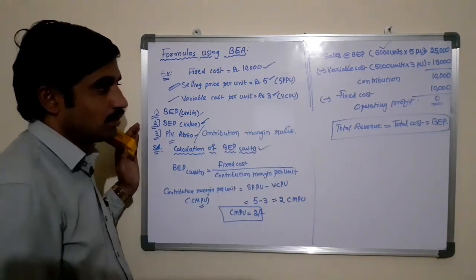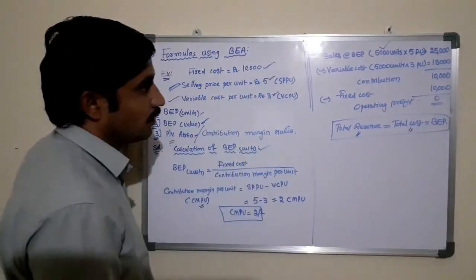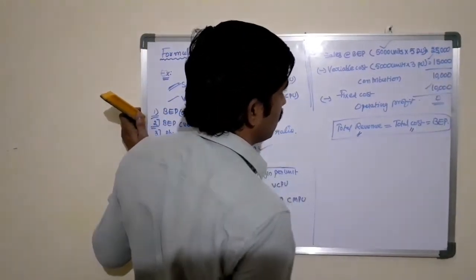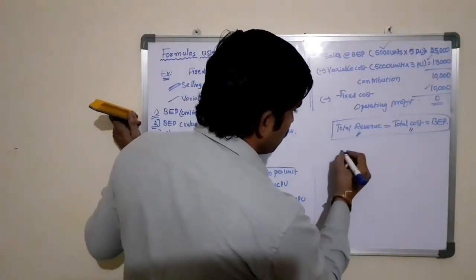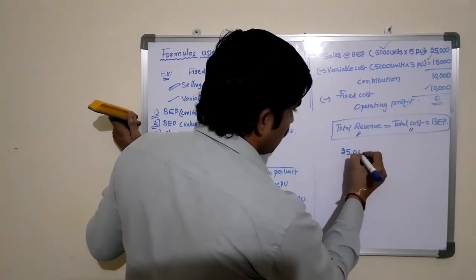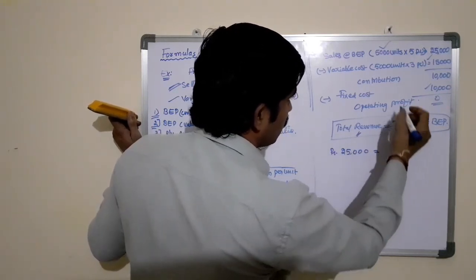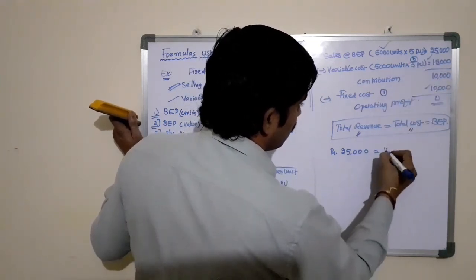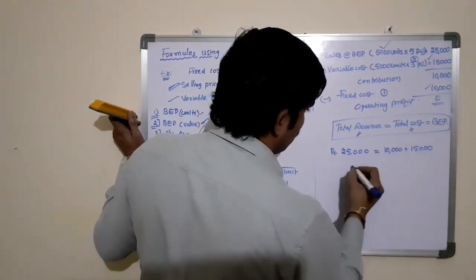The total revenue is 25,000 and total cost is 25,000, that is fixed cost 10,000 plus variable cost 15,000, equal to 25,000. So what is total revenue? That is sales, 25,000 rupees, equal to total cost, fixed cost plus variable cost, 10,000 rupees fixed cost plus 15,000 rupees variable cost.